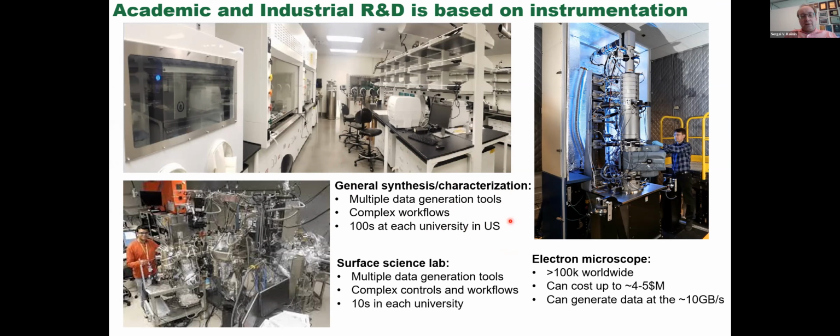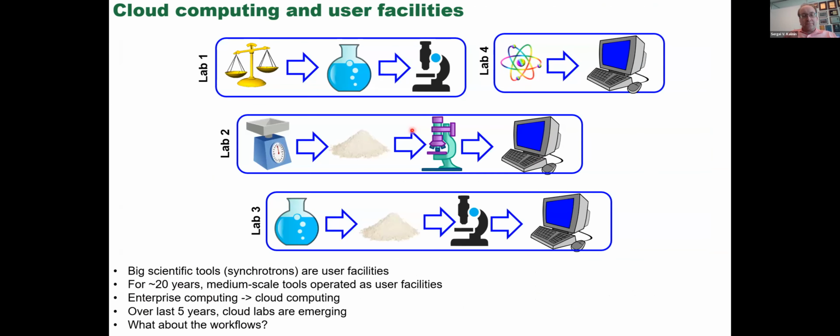But ultimately, the tools that we use, either for synthesis or characterization, tend to generate data. It is natural for us to focus on the tools that generate a lot of data, such as electron microscopes or synchrotrons. However, practically, each scientific tool, whether it is a pipetting robot or the readout system, generates some amount of data. And the question becomes, what do we do with that?